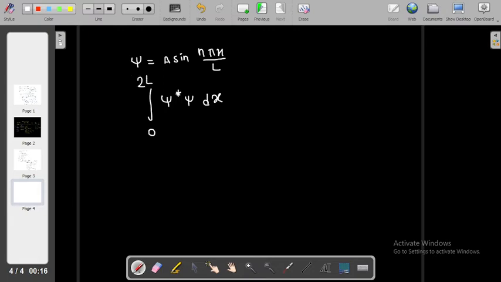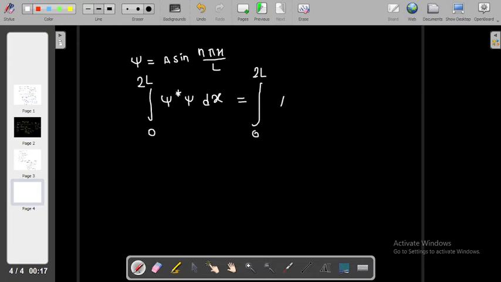Okay, we know that for a particle in a one dimensional box, the particle is only present inside the box. Outside the box and at the wall of the box, the probability of finding the particle is 0, because of the infinite potential energy wall, or boundary. So here I can put the value of psi star and psi.